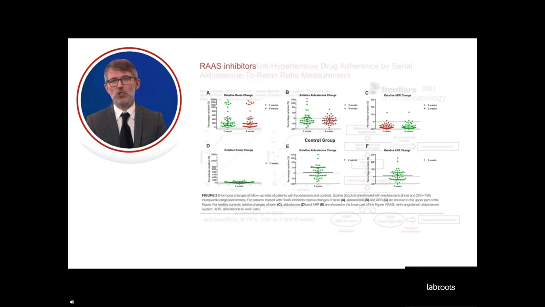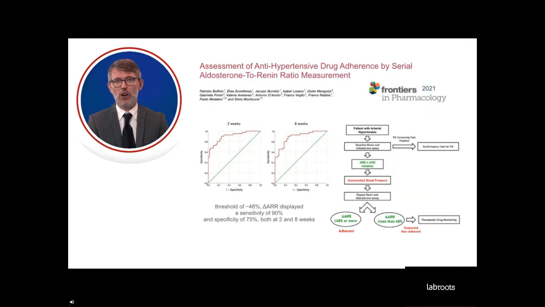If after treatment the reduction of the aldosterone-renin ratio was less than 50%, the patient was suspected to be non-adherent to the therapy. In that case, we would suggest the measurement of the drug in plasma, serum, or urine to demonstrate the non-adherence of this patient.